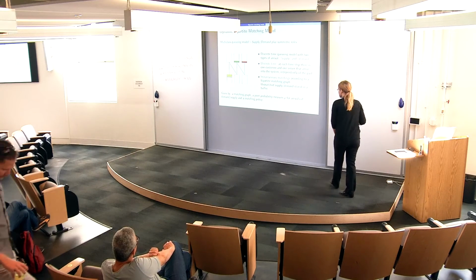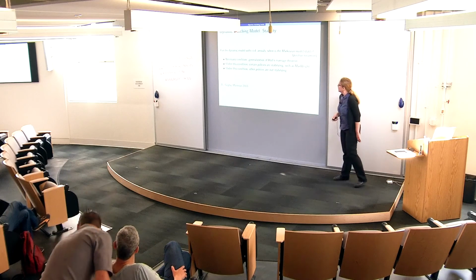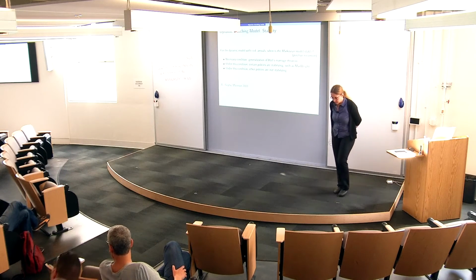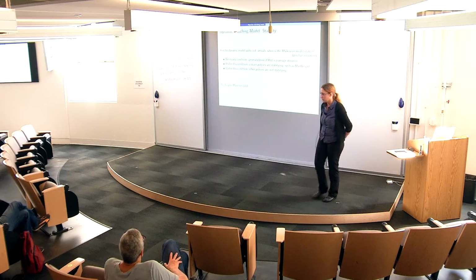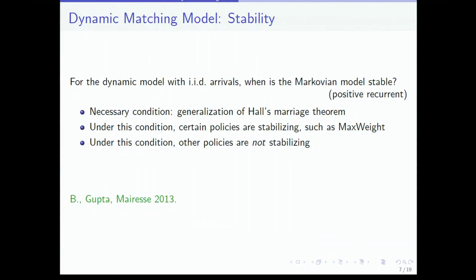Okay, so the first question you might ask is, of course, even under these assumptions of one item arriving on each side at each time step, is this system stable, in the sense of whether the underlying Markov chain model is positive recurrent?